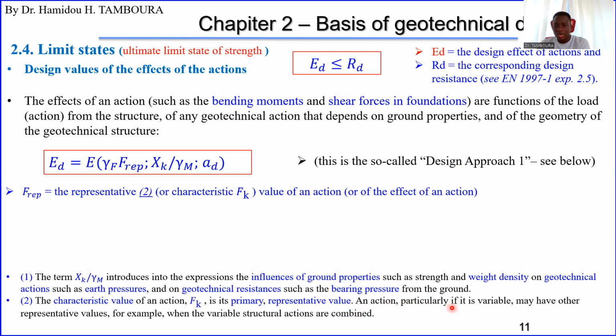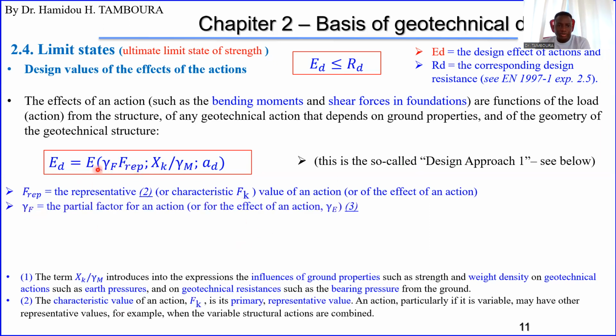An action, particularly if it is a variable action, for example, in the previous video we talked about variable action, may have other representative values, for example, when variable structure actions are combined. So this primary representative value is the Fk. So you can use both F representative or F characteristic, the representative force or characteristic force.